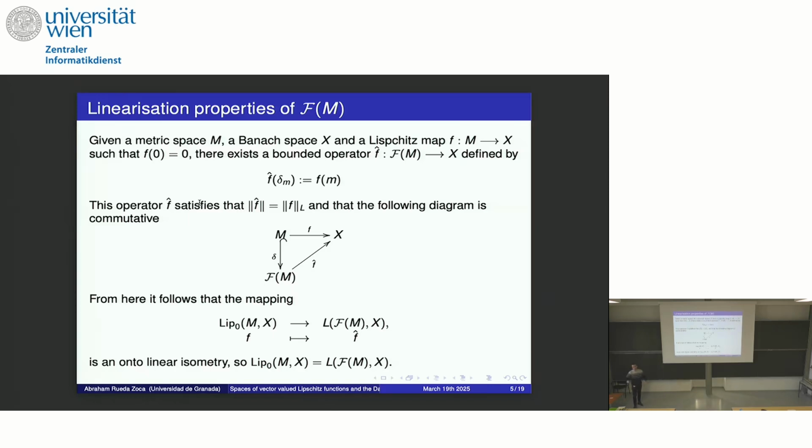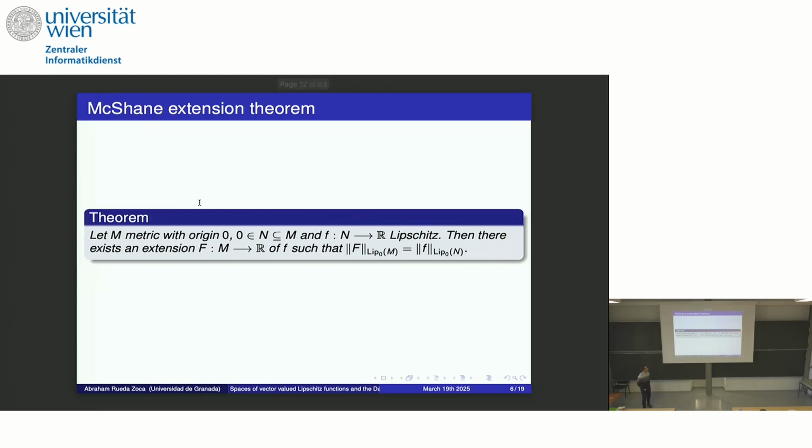Let me finish this introduction to spaces of Lipschitz functions by recalling the well-known McShane extension theorem, which says that essentially every Lipschitz function taking values in R can be extended in a norm-preserving way. More formally, if you have a Lipschitz function from a subspace of M to R, you can find an extension such that the Lipschitz norm does not increase.